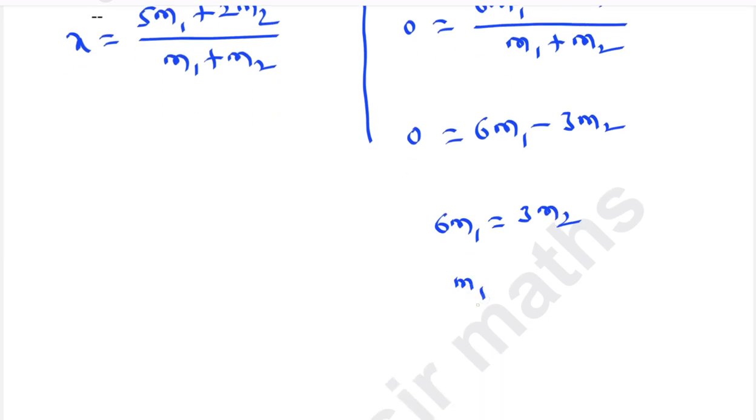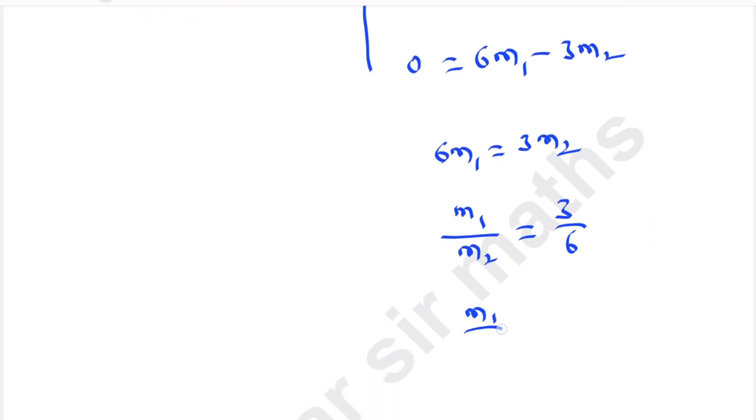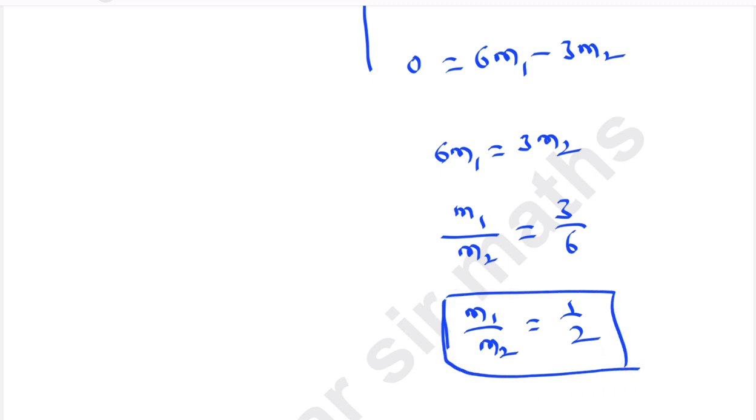I can write it as, on transposing, m1 by m2 equals 3 by 6. Therefore m1 by m2 equals 1 by 2. It is the ratio.